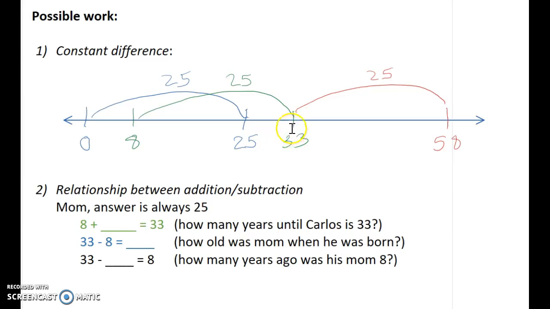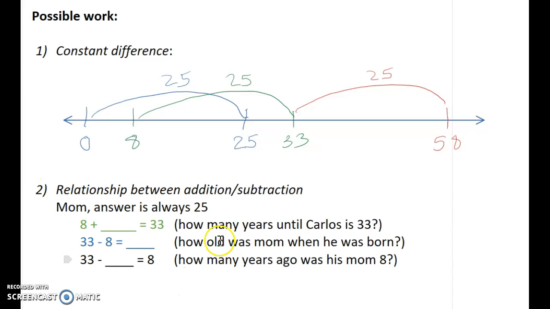When he adds 25 years to his age to be 33, she'll be 58. Still 25 years difference between their ages. When he's 33, and she's 58, there will still be 25 years between them. So that's a great discovery of the constant difference between ages, and they may have already noticed that with themselves and their family members. So that's something they might be able to connect to.